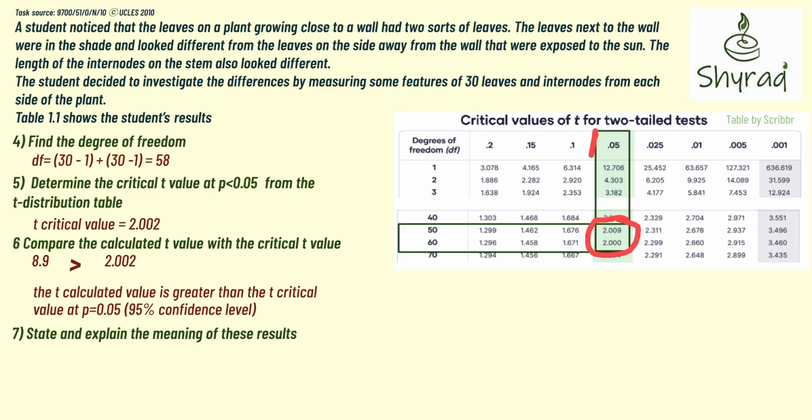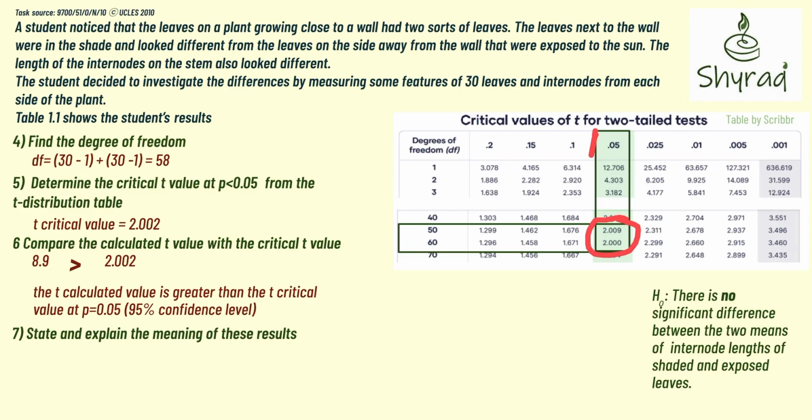To do this, we need to refer back to our initial null hypothesis. Our null hypothesis was: there is no significant difference between the means of internode lengths of shaded and exposed leaves.